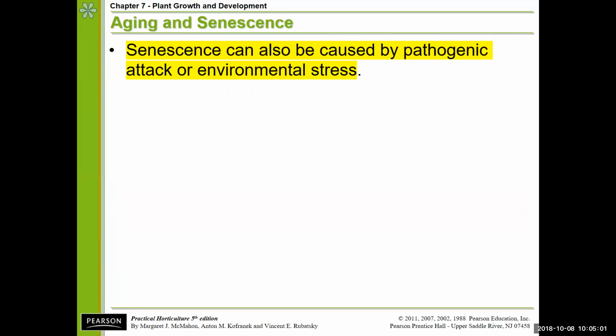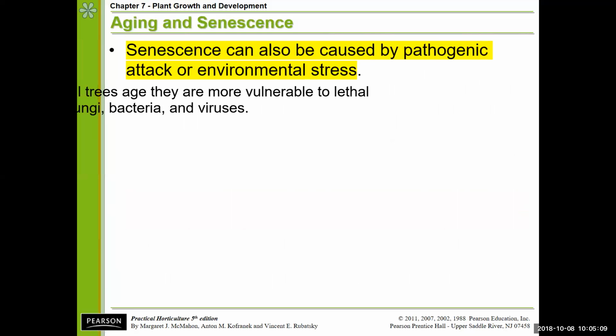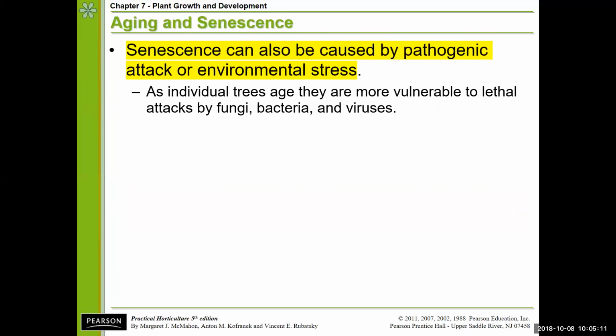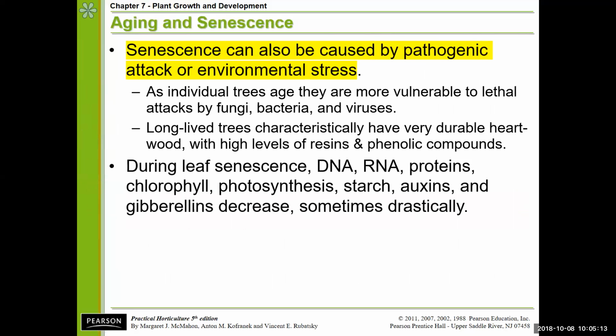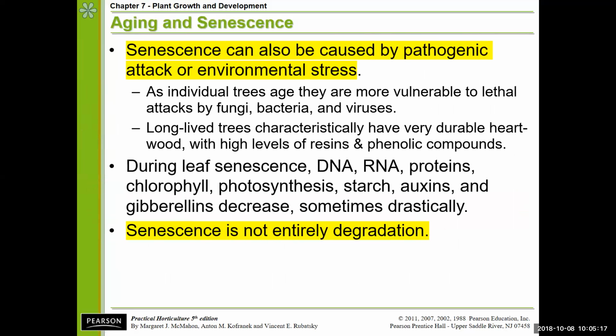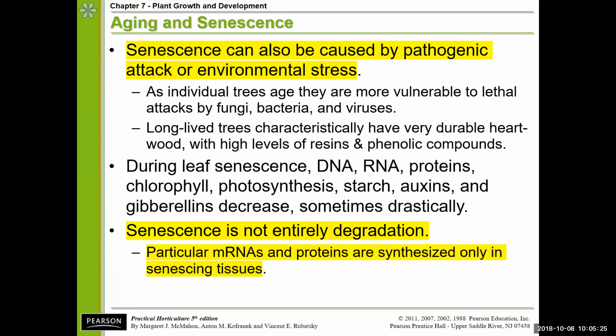Senescence isn't necessarily just caused by the genetic cues of the plant, but it can also be caused by pathogen attacks or environmental stresses as well. Plants decline, right? And that can trigger senescence if they're overly attacked. Senescence is not necessarily entirely just the degradation of the plant either. It's not just a bad thing.